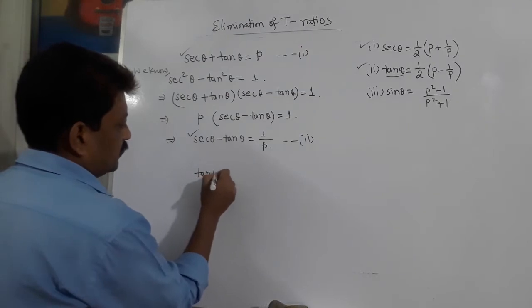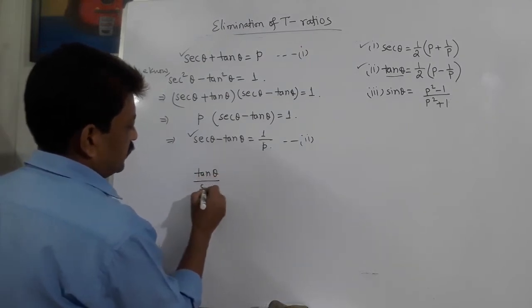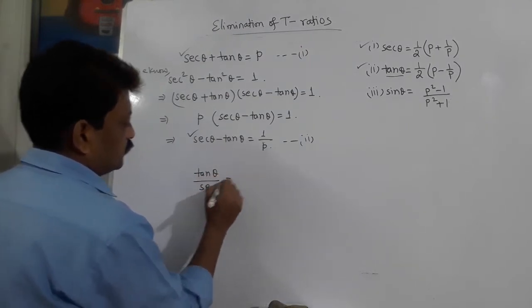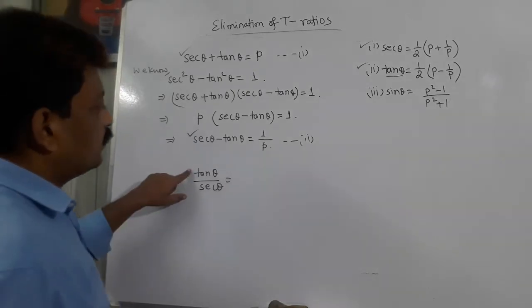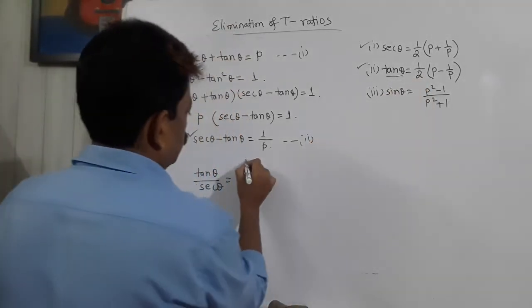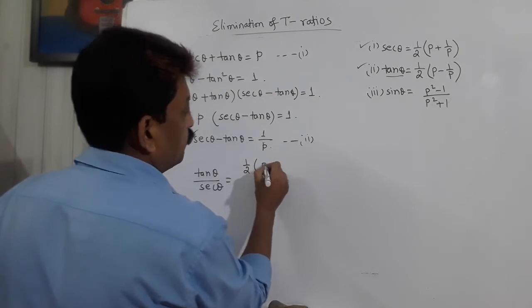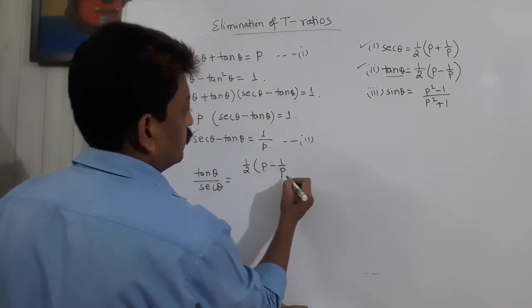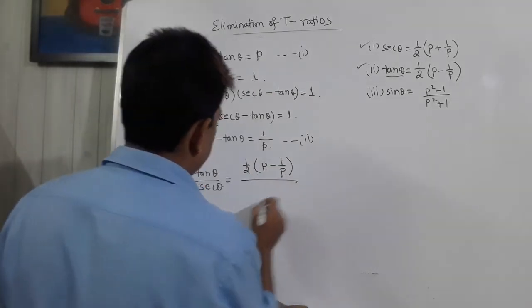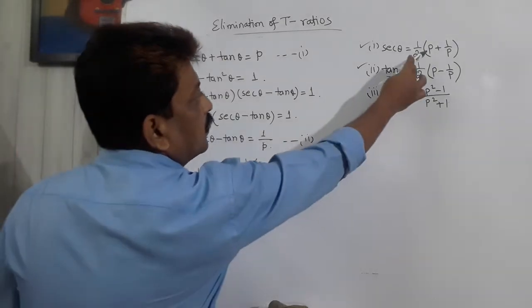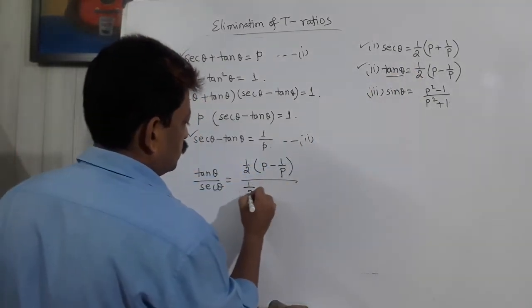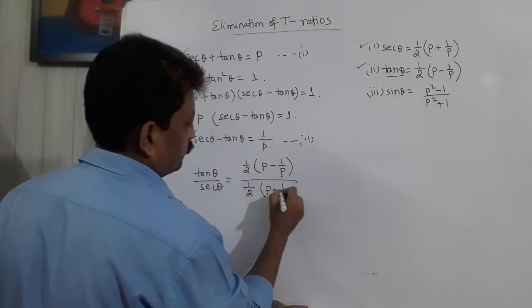Tan theta divided by sec theta equals, so the value of tan theta is (1/2)(p minus 1/p), and the value of sec theta is (1/2)(p plus 1/p).